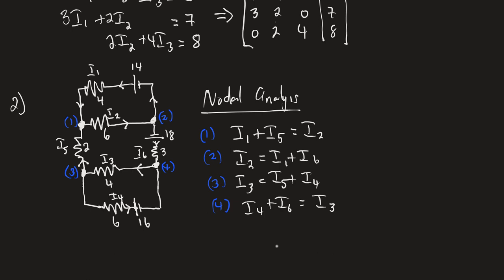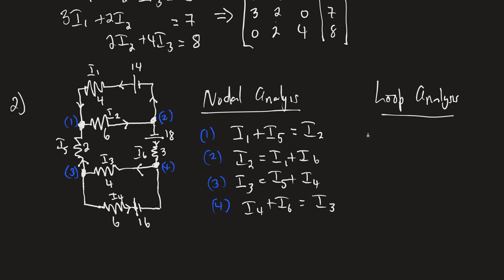So now we have to do the loops, and there are 3 loops or closed paths. So we're going to do our loop analysis, right? And we'll start from the top and work our way down. So in the top, we'll have 2 products.